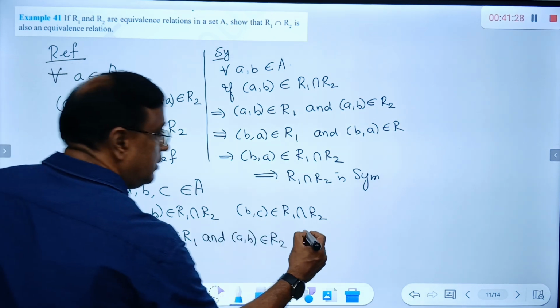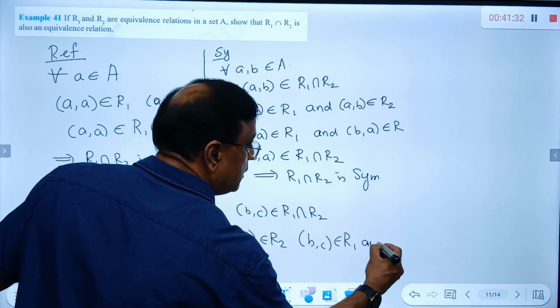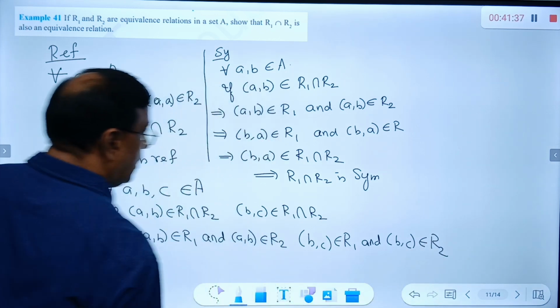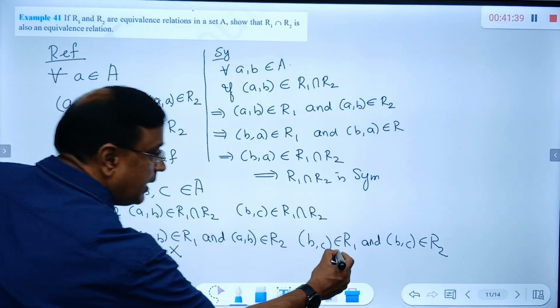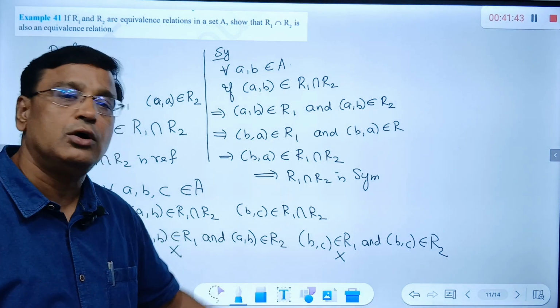And from here you have (b, c) belongs to R1 and (b, c) belongs to R2. Now what I will do, I will group this and this: (a, b) belongs to R1, (b, c) belongs to R1.